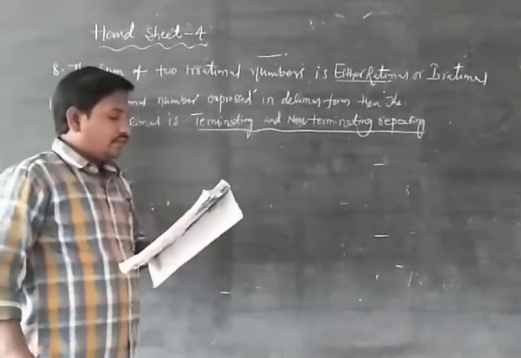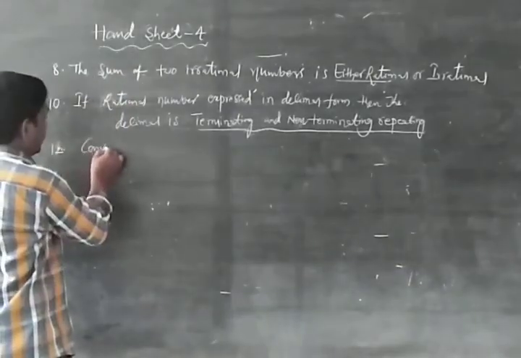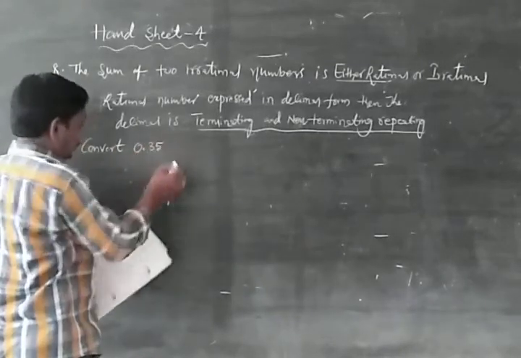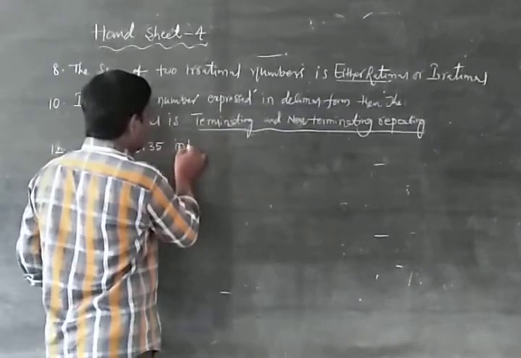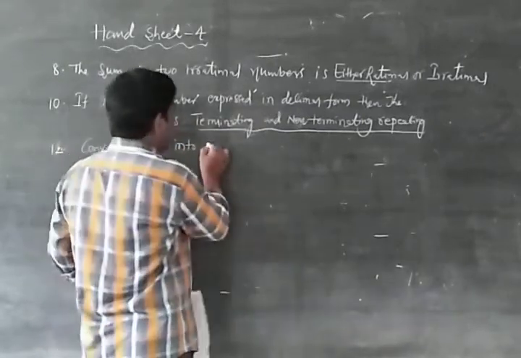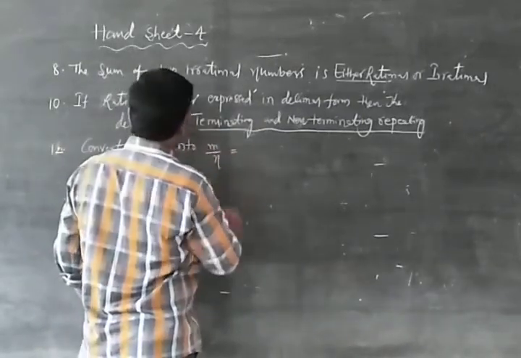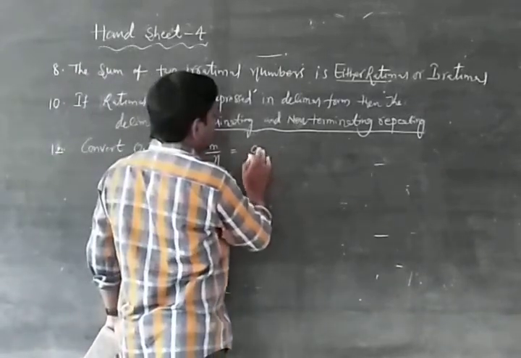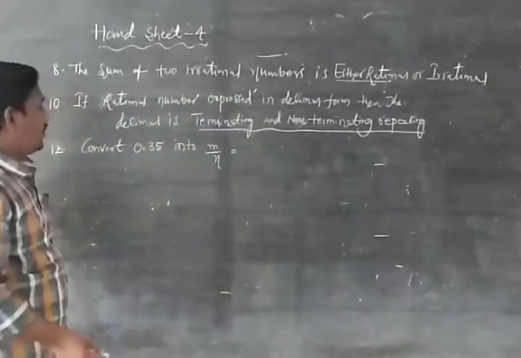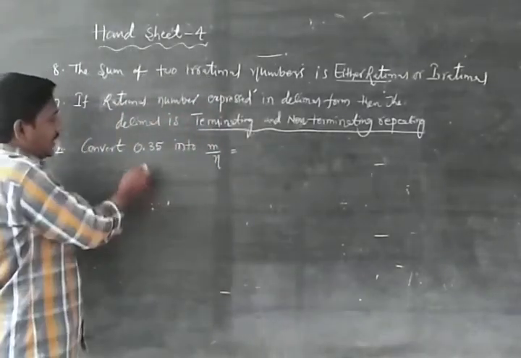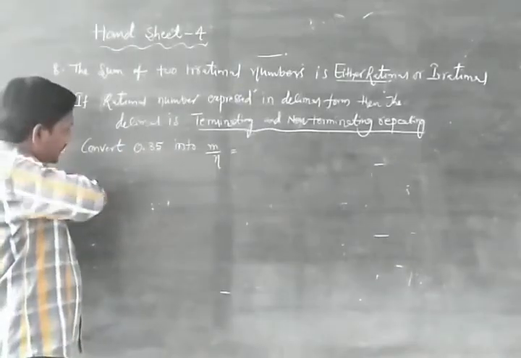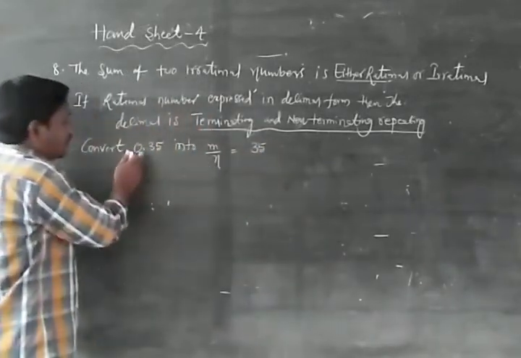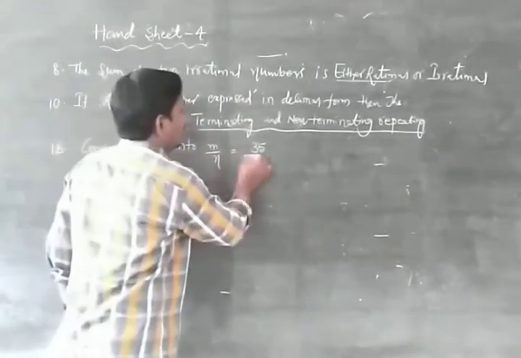Okay, convert 0.35 into m by n. 0.35 means, okay, eliminate the point and write the number.